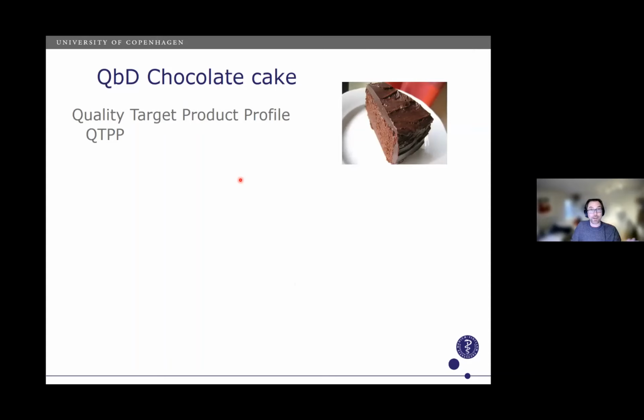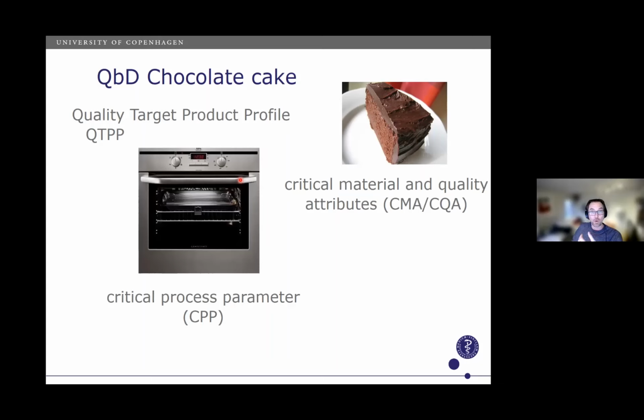So QbD in a nutshell: you look at your product and design what it is that you want from it. So you want the best ever cake, and you control that by understanding the critical quality attributes and material attributes. And then you keep control of the critical process parameters while you are making it.